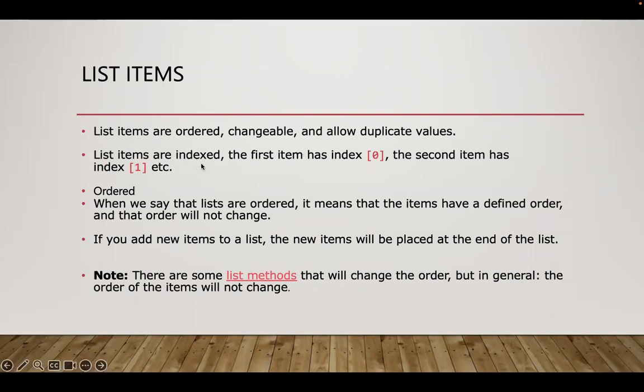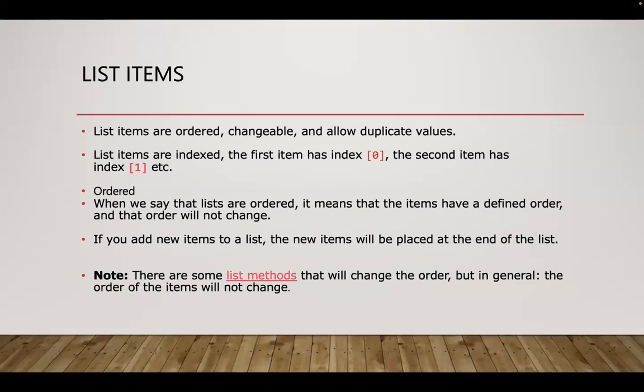So list items, they are indexed. What does that mean? The meaning is all the items you have in the list have been indexed in such a way that you have index 0, index 1, index 2, starting from 0 to the last number you have.